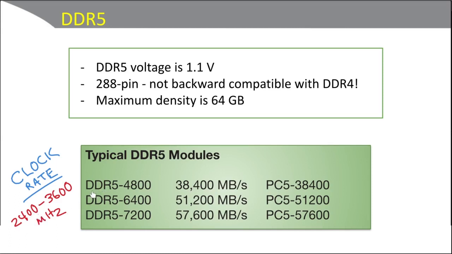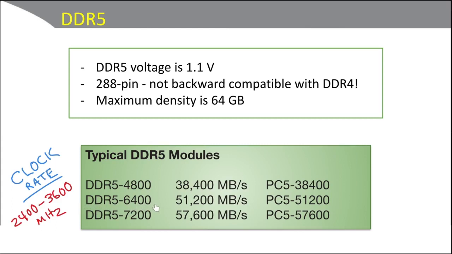And this particular module here is DDR5-4800, which means 4800 mega transfers per second. At that speed, the RAM can transfer a maximum of 38,400 megabytes per second, or 38.4 gigabytes per second. And the module name, if you were to purchase it, would be called PC5-38400.